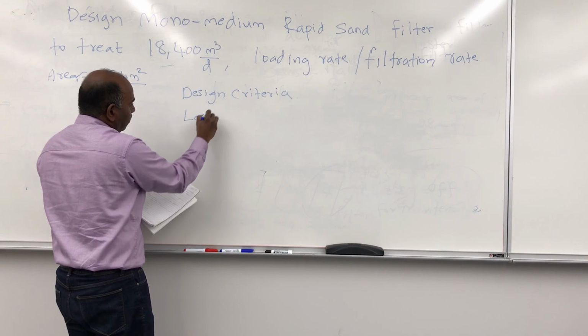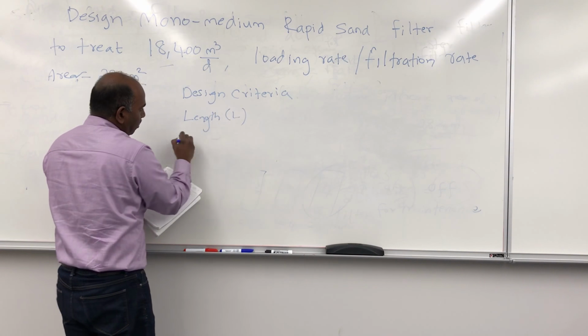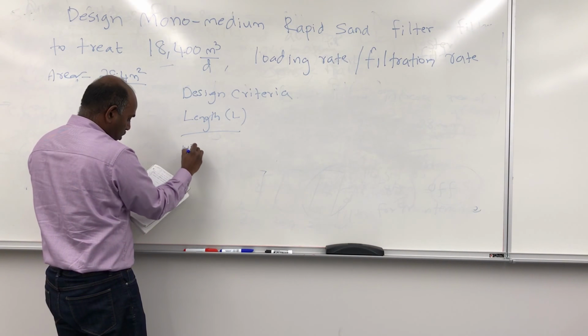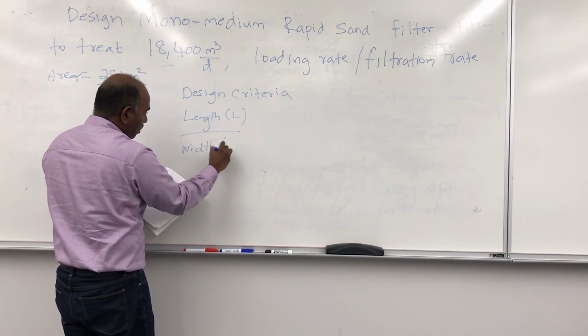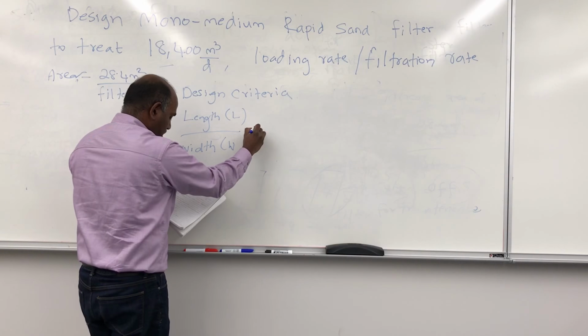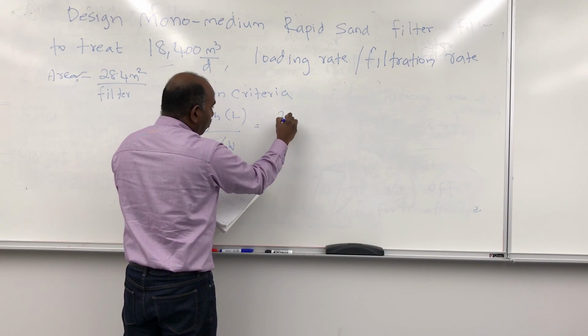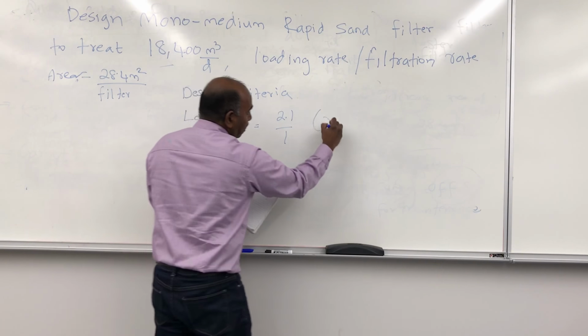Length L divided by width W is 2.1 by 1. This is recommended.